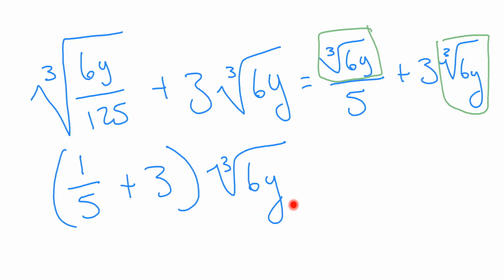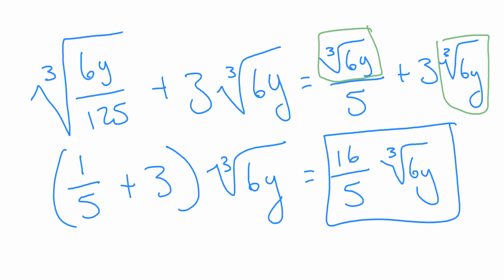So we can undistribute like this, and we're going to get 3 and 1/5 cube root of 6y, or if we want to write it in fractions, we've got 16 over 5 of these cube roots of 6y. Right. So again, you want to make sure that you are simplifying your radicals before trying to add or subtract them.